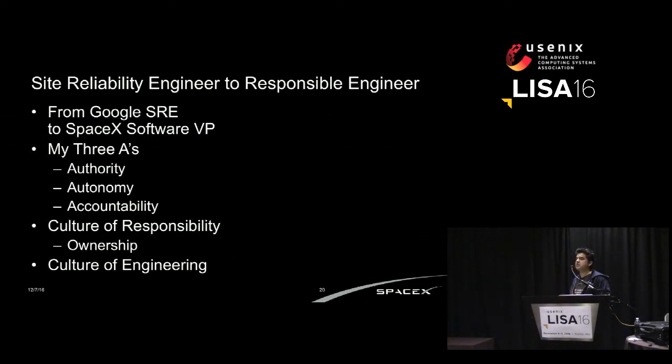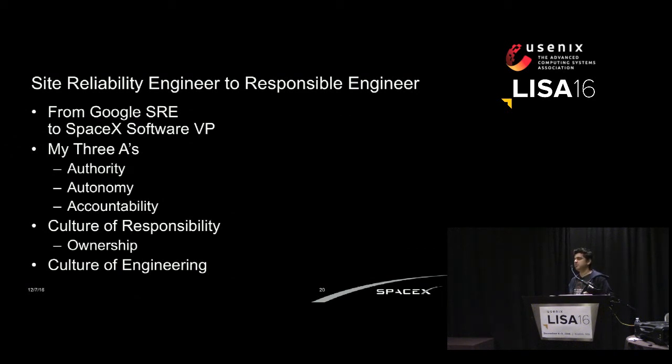And what I saw immediately when I came to SpaceX was this culture of accountability leading to authority, and then authority gives you autonomy. For a lot of people, that autonomy is vital to innovation, not being micromanaged and being able to take risk. The core difference between site reliability and SpaceX is this culture of the responsible engineer.